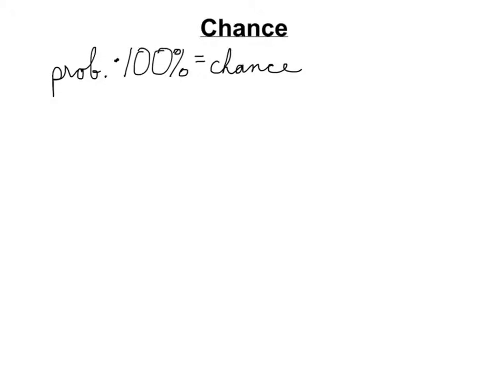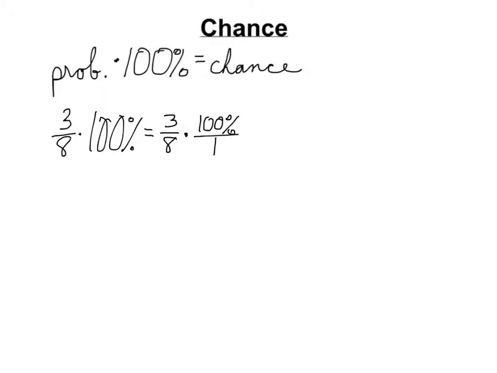So if something has a 3/8 probability of happening, we can convert this into chance by multiplying it by 100%. Well, now I have a fraction times a whole number, so in order to do this, I'm going to take my 100% and turn it into a fraction, making it 100% over 1.